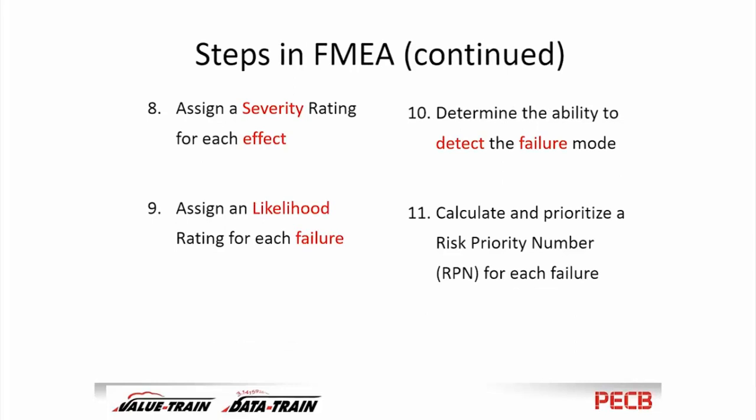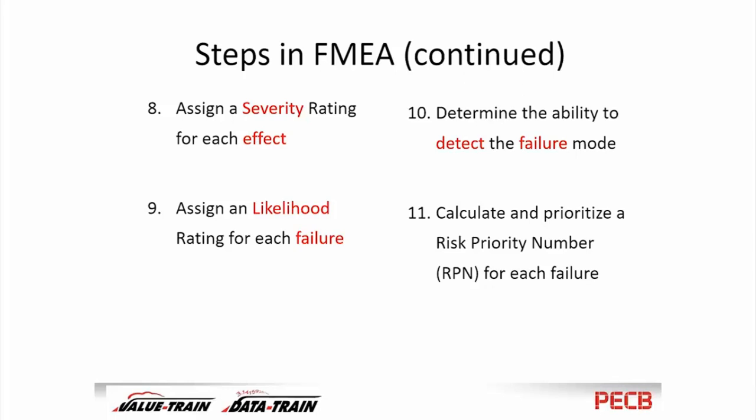Then we assign severity ratings for each one of the effects. I'll show you an example of that. We assign a likelihood rating. That's the probability that that failure will happen. And we determine the ability to detect that failure mode. So detection is important.